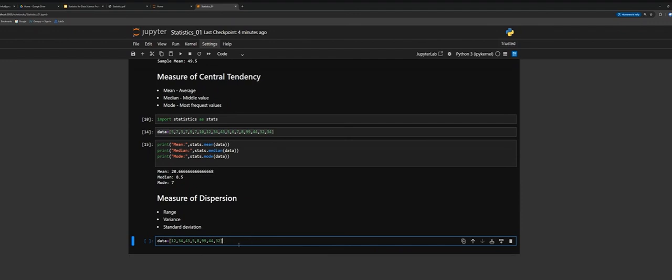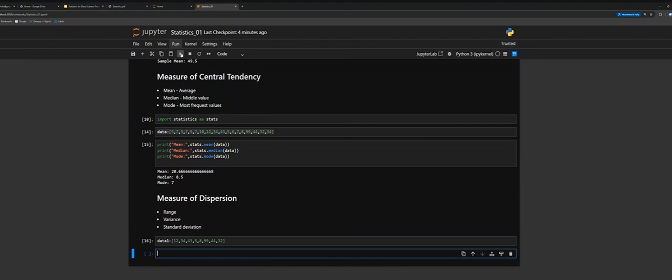So that you can understand with the example. I'll take this as data1 because we already mentioned data here, and in the same notebook it will create some issue. Okay, so our data is ready.